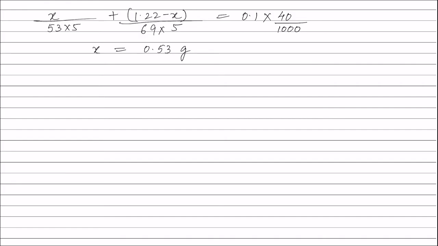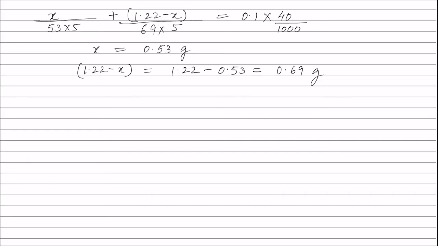and weight of potassium carbonate in the mixture will be 1.22 minus x grams, and this is equal to 1.22 minus 0.53, and this is equal to 0.69 grams. Now 20 milliliter portion of the solution was heated with excess barium chloride.